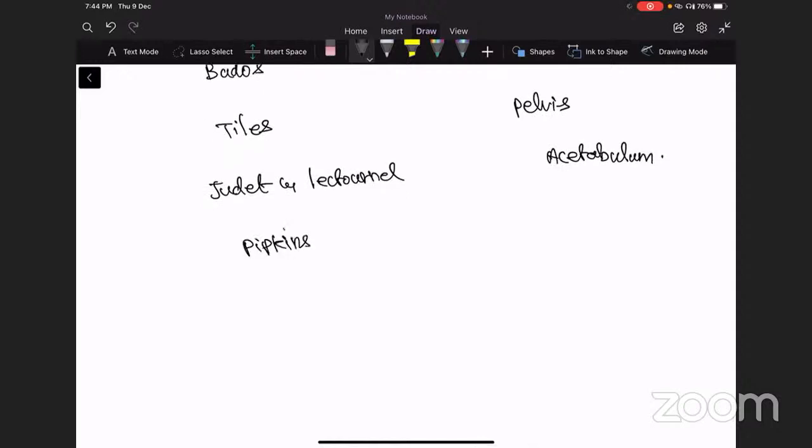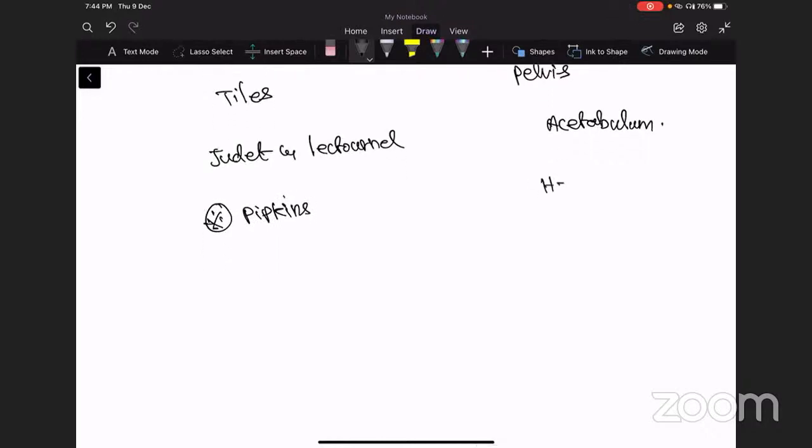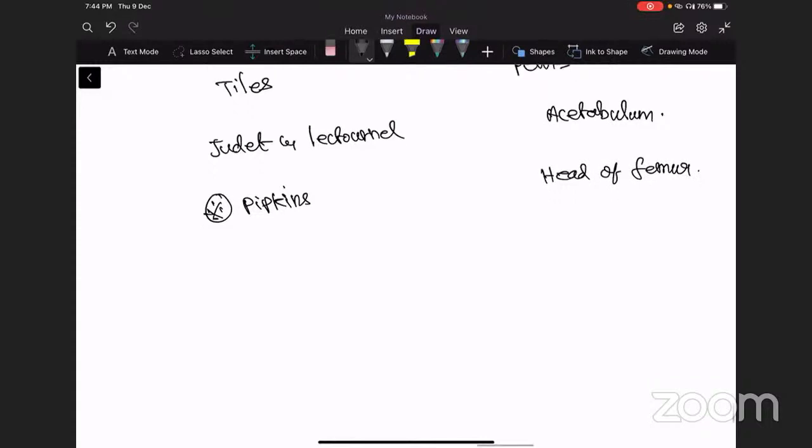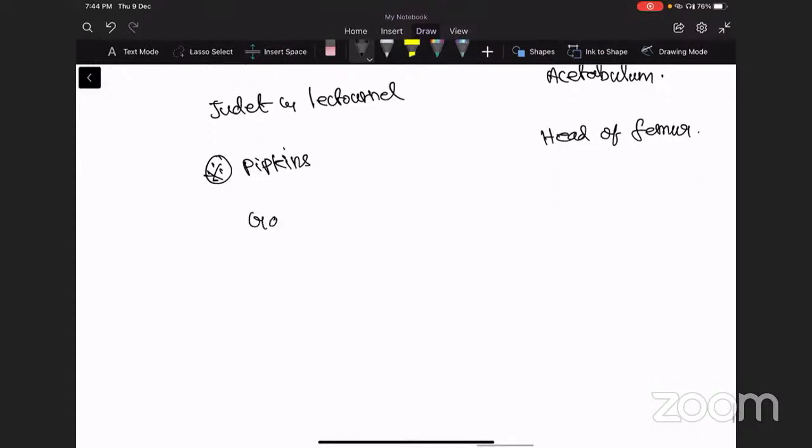Pipkin is important, has been asked. Pipkin classification for head of femur fracture. Garden or Pauwels classification for fracture neck of femur.